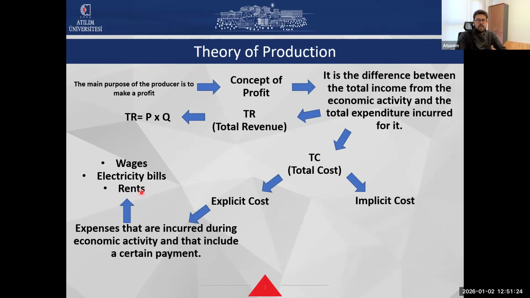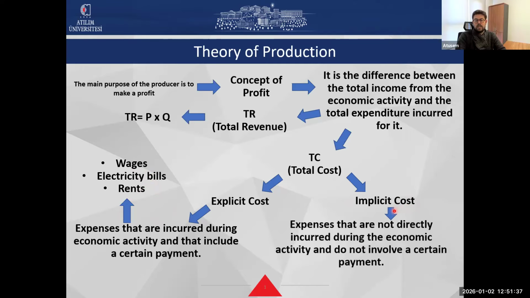That means it is produced under the factory condition or production condition. What about the implicit cost? This is a little bit different. It cannot directly involve the economic activity. Rather, it focuses on the opportunity cost concept.